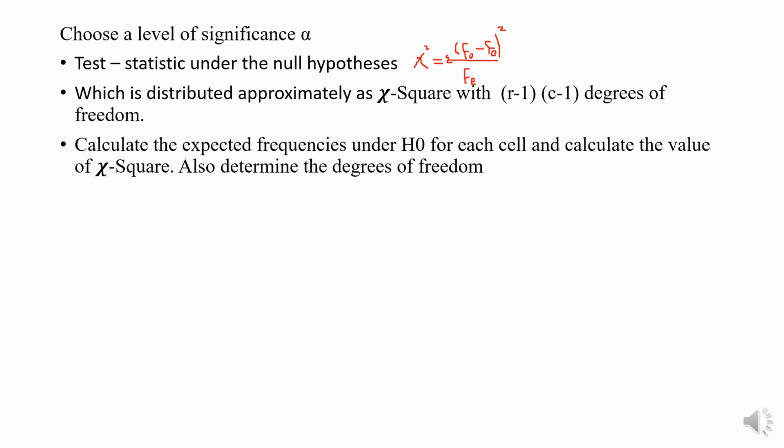So calculate the expected frequency under H naught for each cell and calculate the value of chi-square. Also determine the degree of freedom. After that, the next step is the critical region, where chi-square calculated is greater than chi-square tabulated. So we can write it here in this way: chi-square calculated, we can write it CAL, is greater than chi-square tabulated.